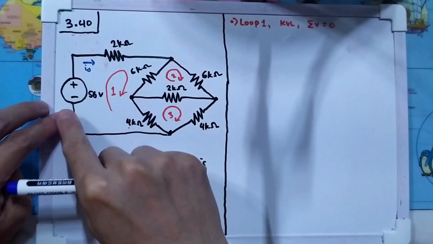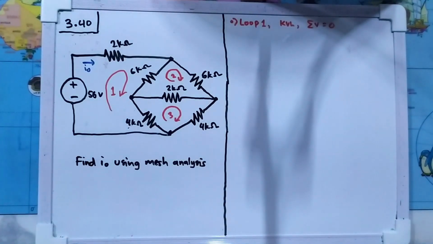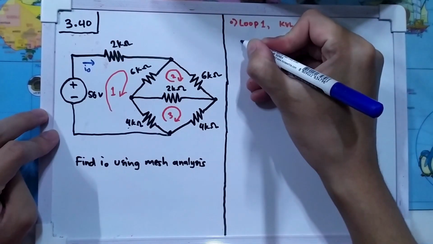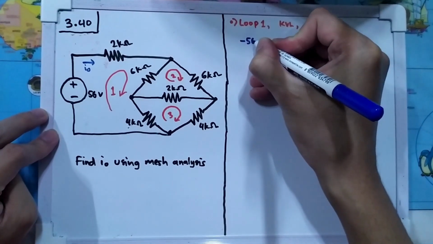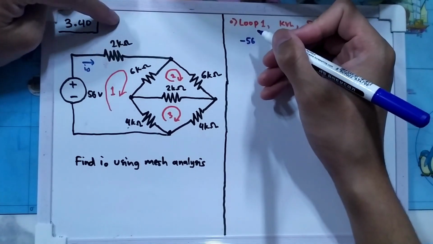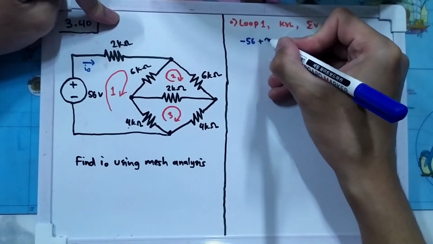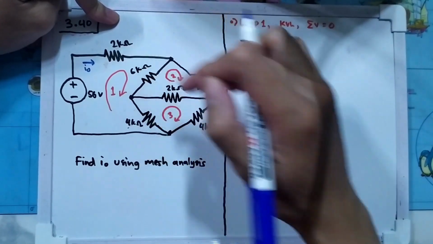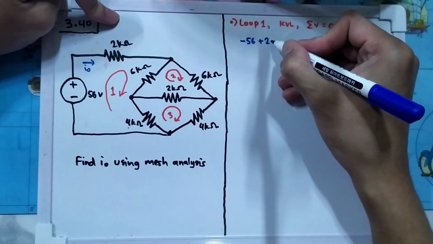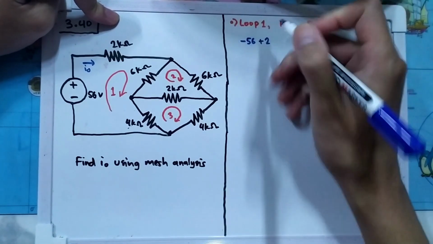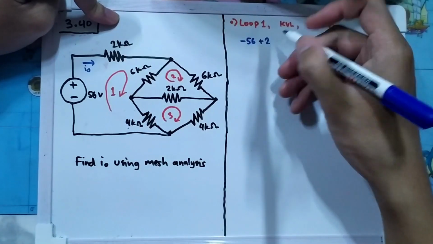It's flowing from negative to positive, so the sign is negative, so it's minus 56. And let's move on to that resistance here. It's 2 kilo ohm, but it is a resistance, so we need to multiply it by the current. So the current that passed through here is only I1.